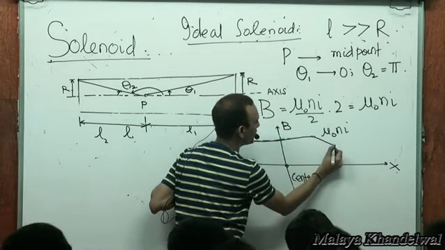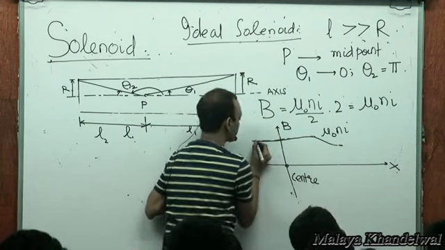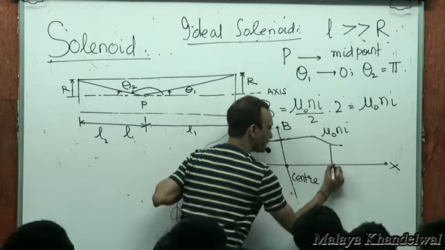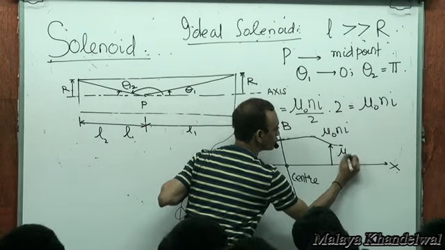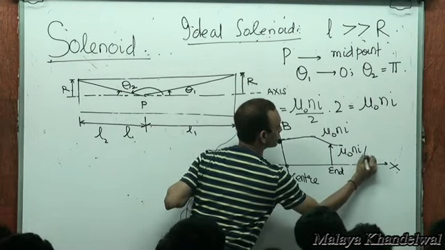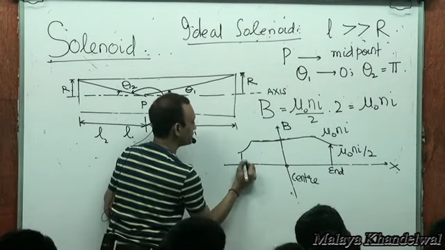And then towards the end, it will become mu naught Ni by 2. This is the end. Mu naught Ni by 2 is what this will become towards the end of an ideal solenoid.